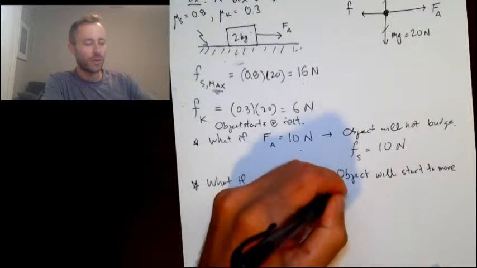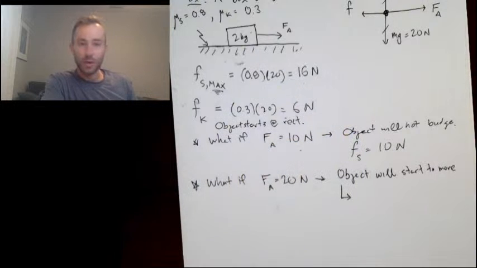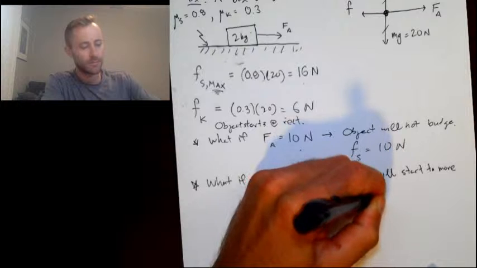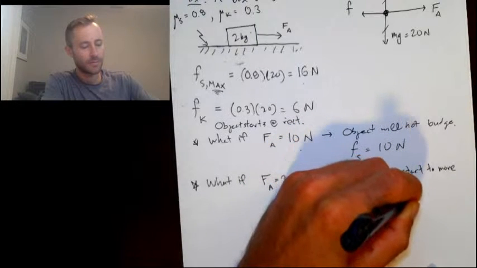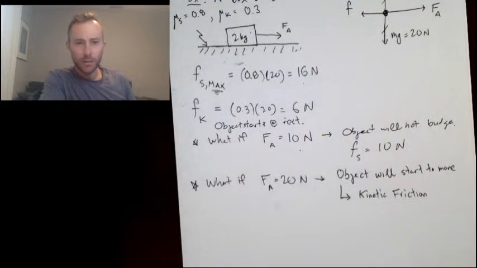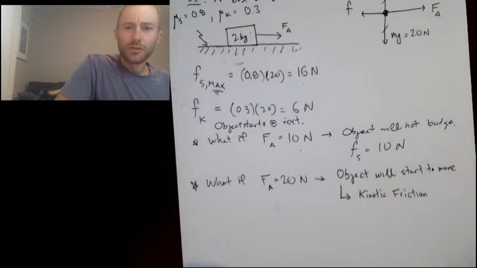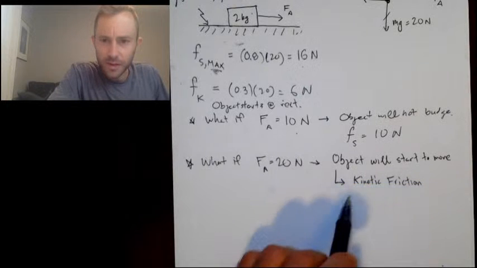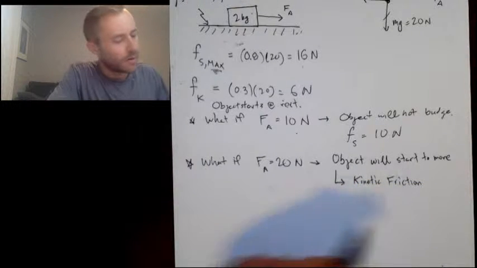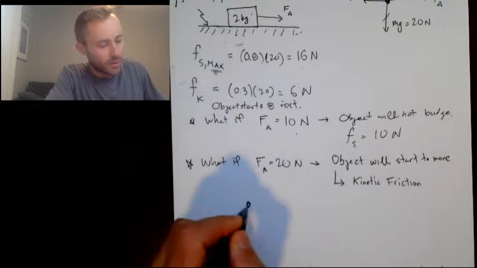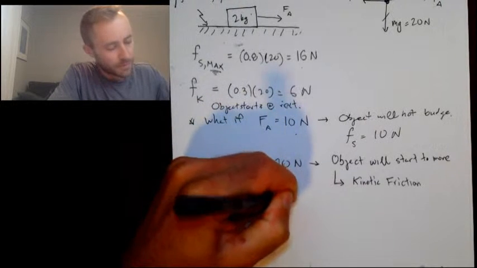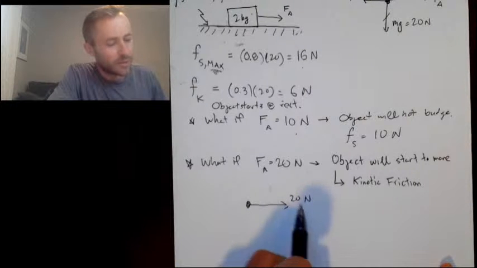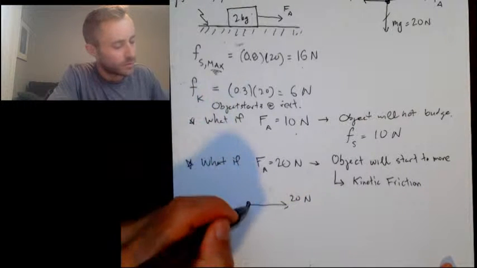And if it starts to move, that means we are now going to have kinetic friction. So what do we have? We have our 20 newton applied force, and fighting that is kinetic friction, which is 6 newtons.